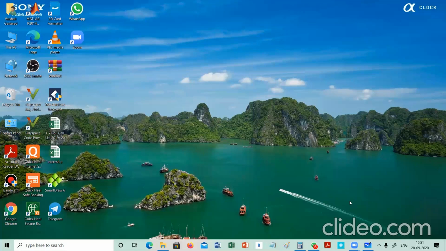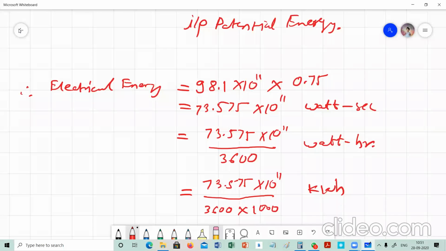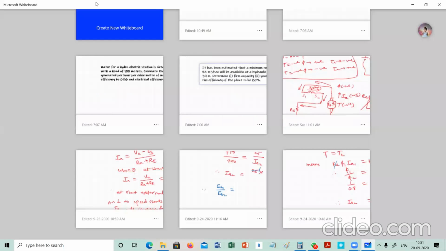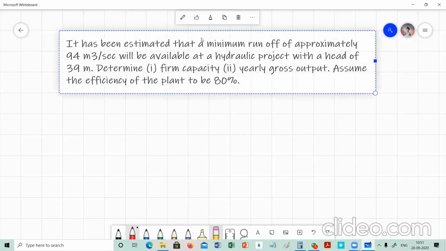Okay, now we will proceed to the second problem. This is the second problem.